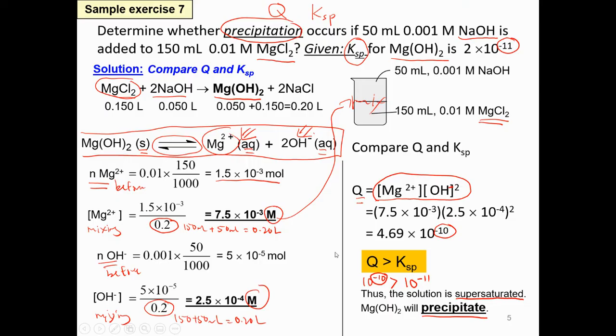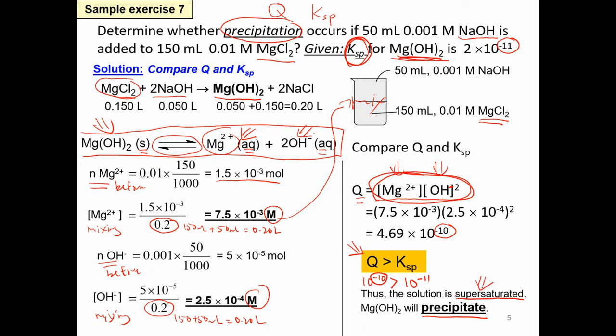Again, to answer this kind of question, look for Ksp so that we know which salt we are looking for, and then write the equation because we want to find the expression for Q. We want to find the concentration of the ions when the salt is formed, and then compare Q to Ksp.